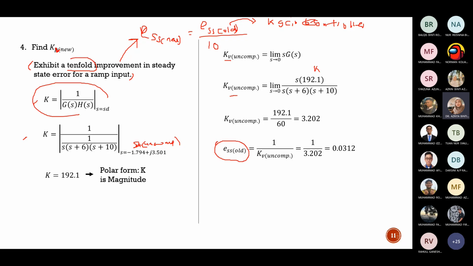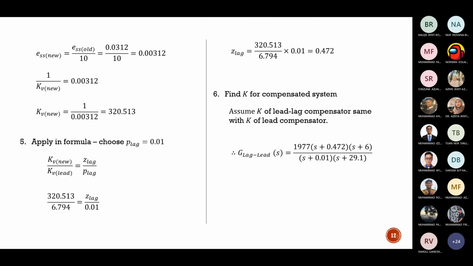Since we use the KV, the formula is given by 1 over KV. Okay, then from here, we can obtain the value of ESS new. ESS new is given by this statement based on our design objective. Then using the same formula, we can determine the KV new.